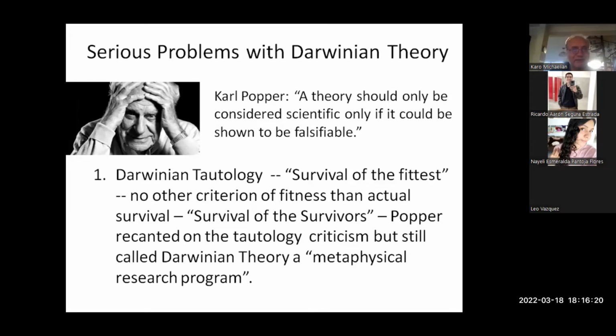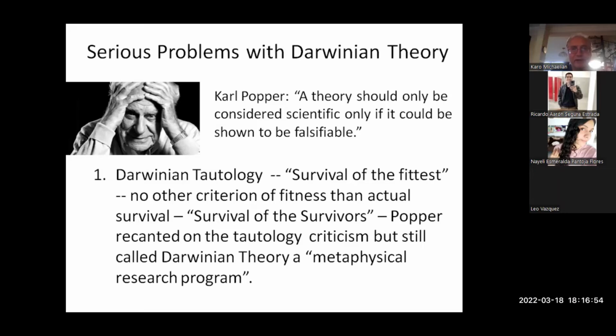Okay. So these were serious problems for the Darwinian theory. In fact, I think it was around the 70s, Karl Popper, an Austrian philosopher, who was applying this basically to physical science, suggested that a scientific theory could only be called scientific if it could be shown to be falsifiable.